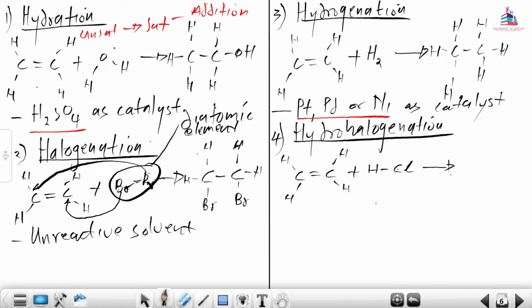Then what are we going to form? We break the double bond. That is very, very important. Then we attach Cl and then all other hydrogens. Then our reaction has taken place. So what reaction condition do we need? The easiest one is no water. So this is the addition reaction.